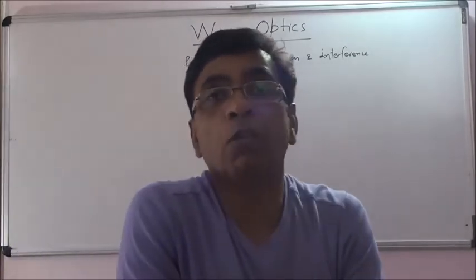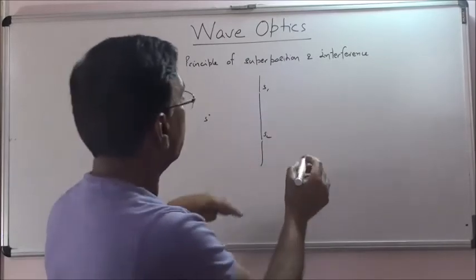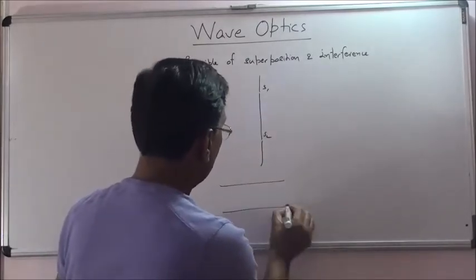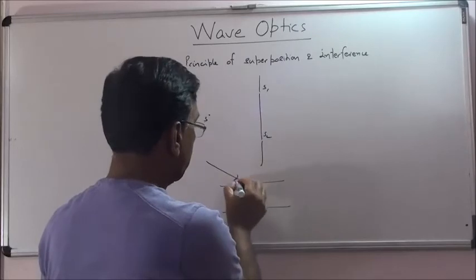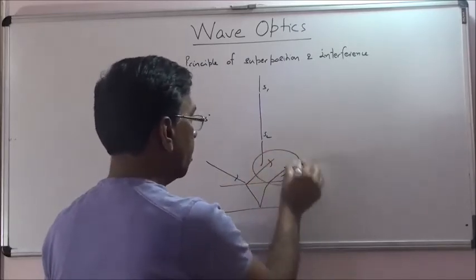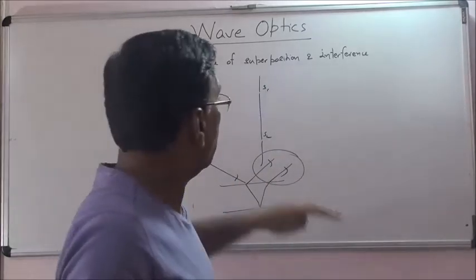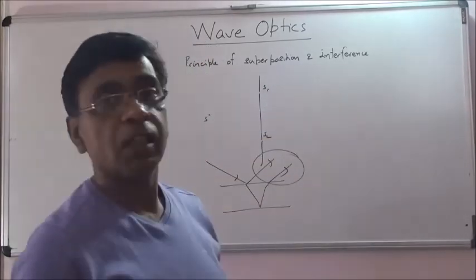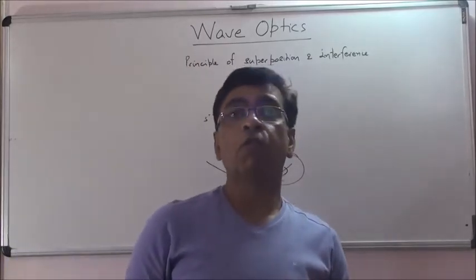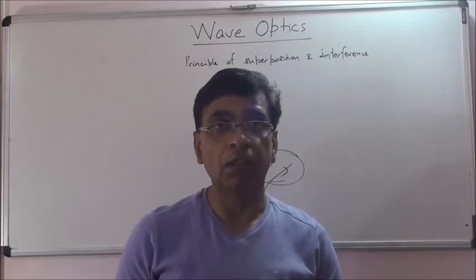Or sometimes we can do even the division of amplitude. If there is some glass slab, light is coming in this way, it's moving and then it's going here, it's coming here, in this way. So next we will take an experiment which was performed by Young to prove the wave nature of light.